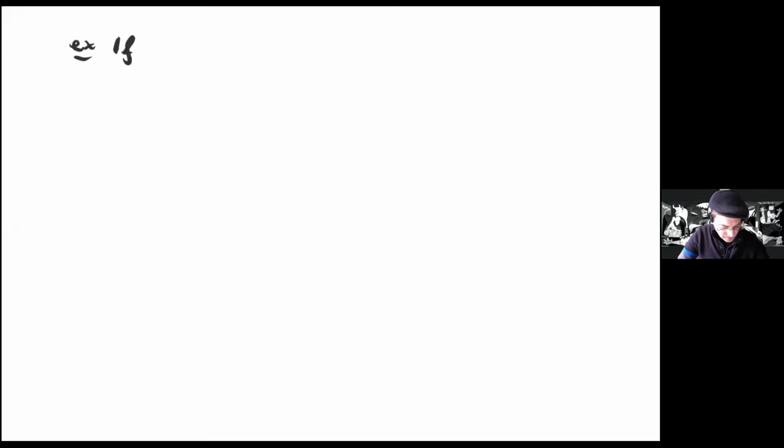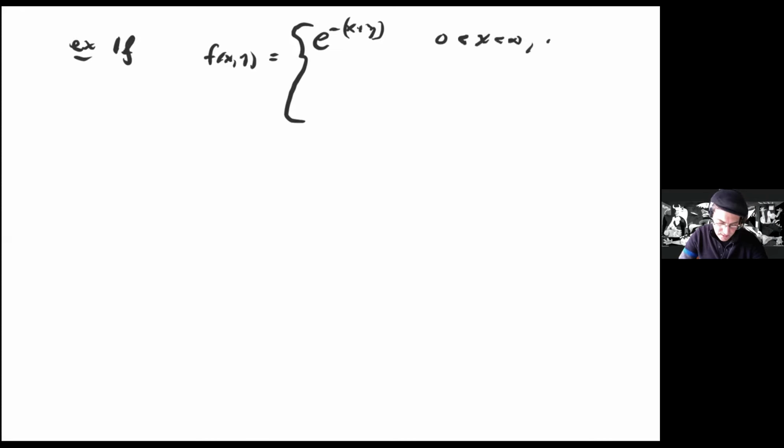We have a function f of x, y, which is e to the minus (x plus y), if the point x, y lives in the first quadrant, so 0 less than x less than infinity, 0 less than y less than infinity, and the value of the function is 0 otherwise. This turns out to be a joint PDF. You can check that its double integral over the whole plane is 1.